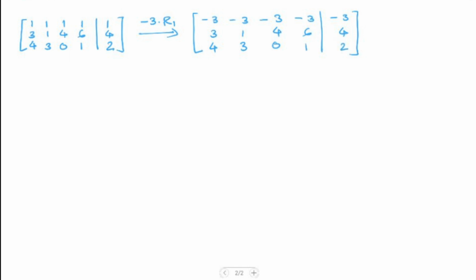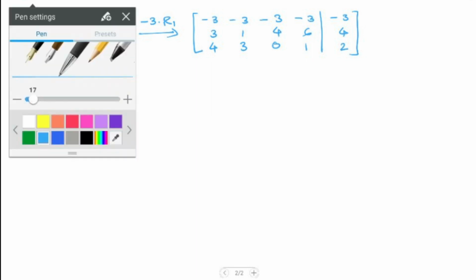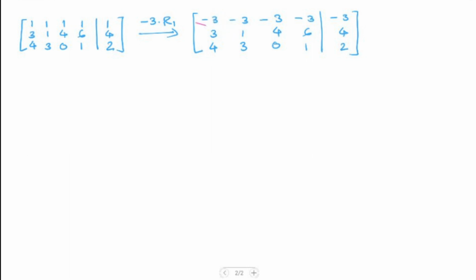Now the next row operation that we'll do: what's our target? What are we doing to make it into the row echelon form? What we're trying to do here is make all these elements below here zeros, right? So now we have multiplied -3 to row 1.